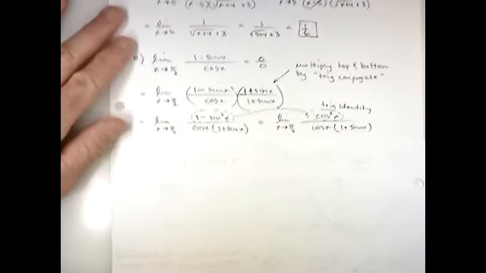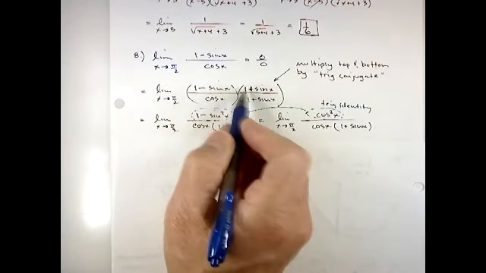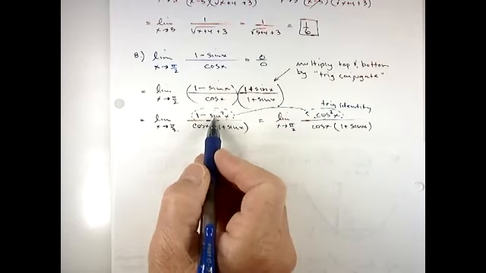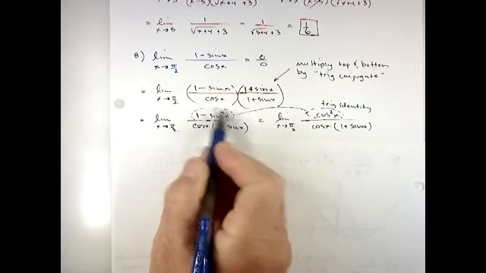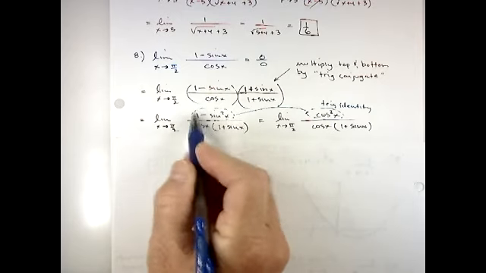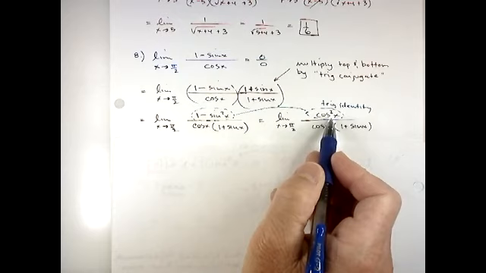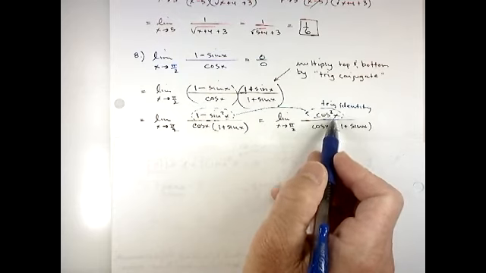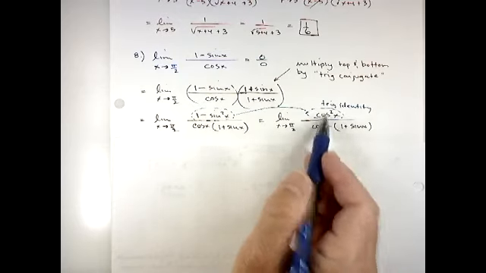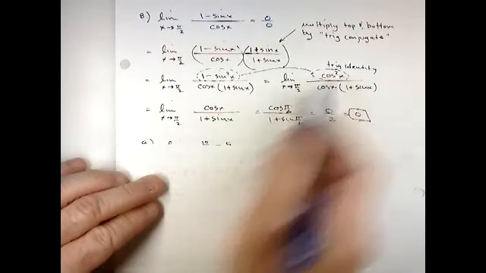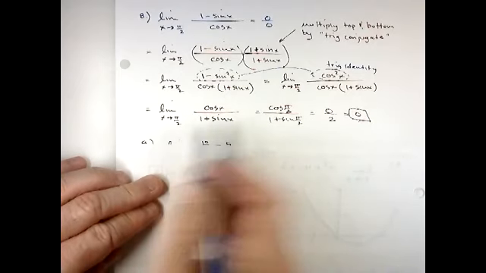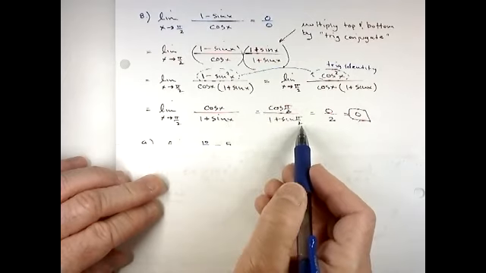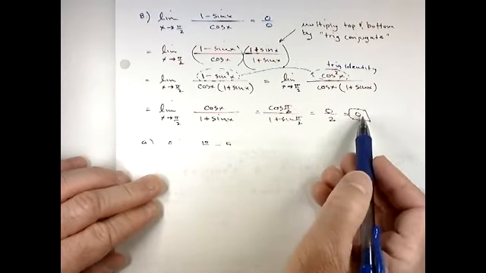And what we're going for here, when you FOIL this out, you have 1 minus sine squared on the top, and this is where it's good to know your trig identities. 1 minus sine squared of x is the same as cosine squared x. And now we can see that one of those cosines will cancel because I have 2 powers of cosine in the top, leaving me with cosine over 1 plus sine. And if I substitute in now pi over 2, I get 0 over 2, which is 0.